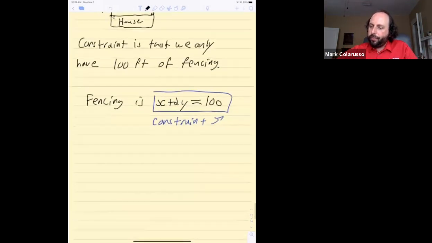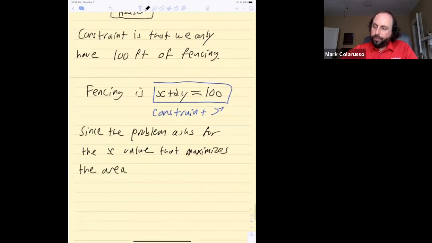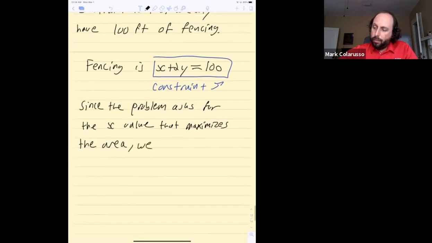But anyways, I'll do it this way because it's a little more efficient. Okay, so since the problem asks for the x value in the end, the x value that maximizes the area, we can save some time by solving for y in terms of x now.